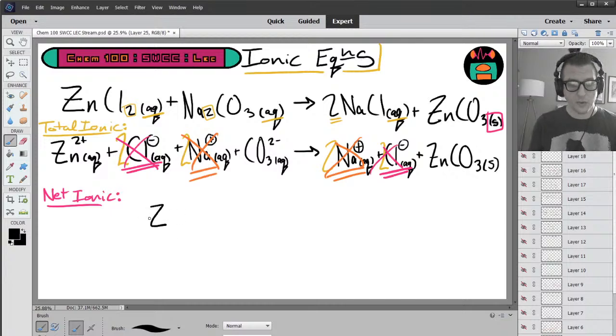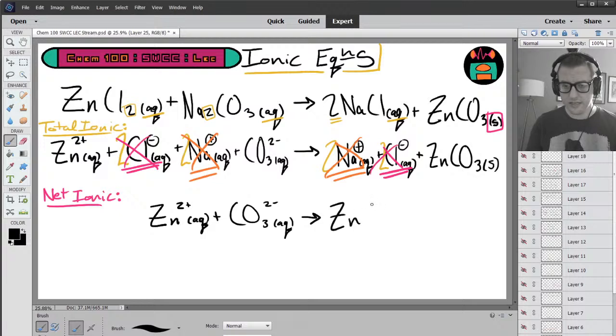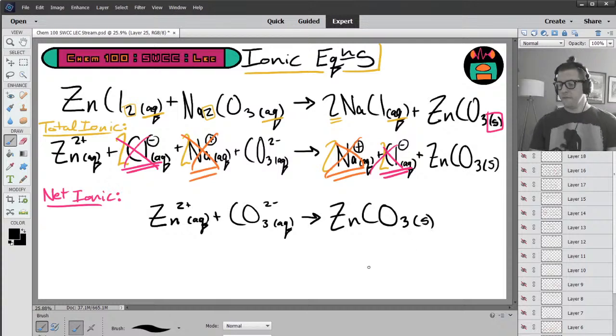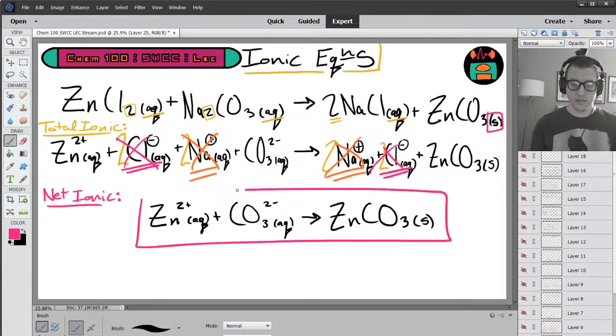And our net ionic equation will be aqueous zinc cations reacting with aqueous carbonate anions to produce solid zinc carbonate. And that is our net ionic equation.